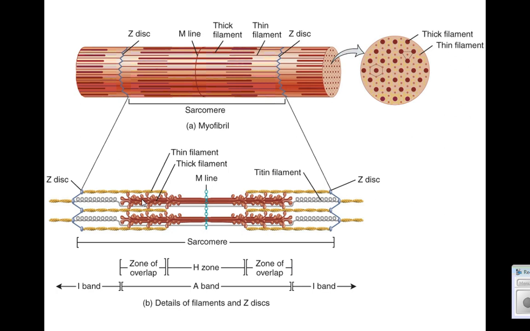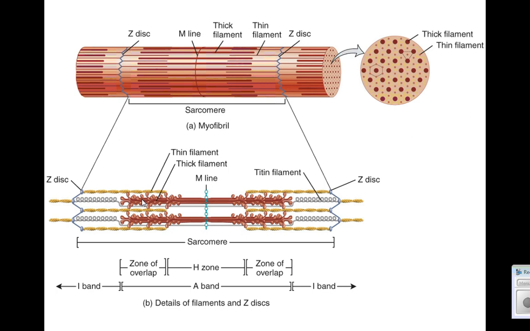I've got these red plates on the very ends that represent my Z discs. A blue shaded plate here in the middle is my M line. And then I've got these red structures that make up my thin filaments and these blue structures attached to the M line that are my thick filaments. Right now, the zone of overlap is pretty minimal between those two filaments. So this would be like a relaxed muscle.